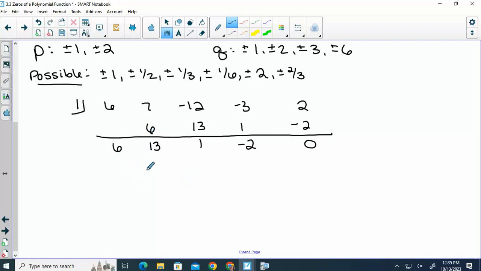So if we write this right now, my remainder is 0, my constant x squared, this is 6x cubed plus 13x squared plus x minus 2. Can I factor that yet?